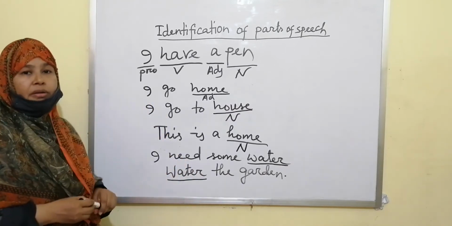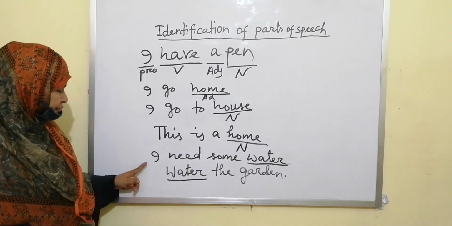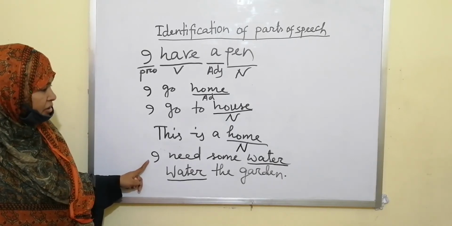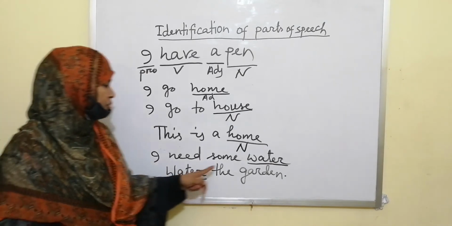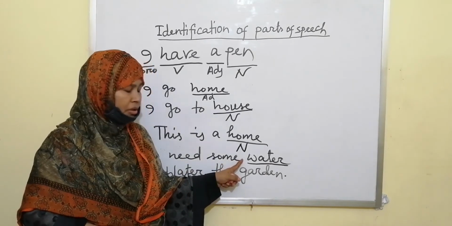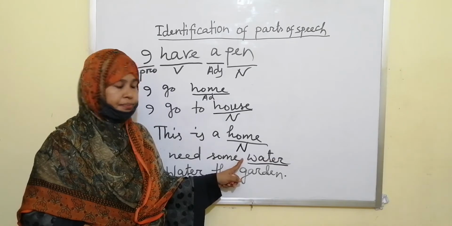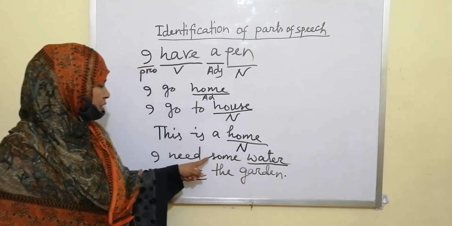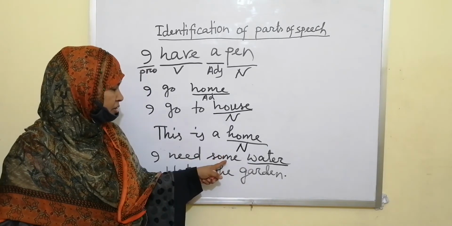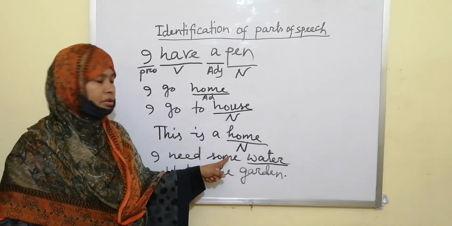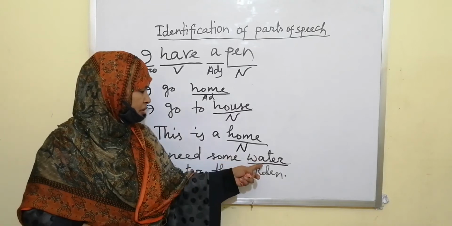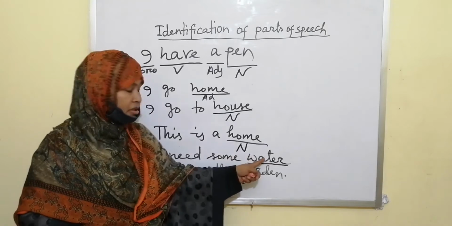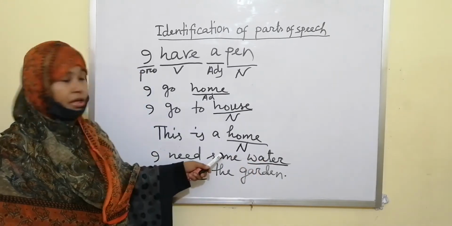Dear student, I think when I ask the question, which part of speech is water, your answer, water is noun. Dear student, when you find any determiner before any word, that word is noun. So water is noun here. Determiner some.